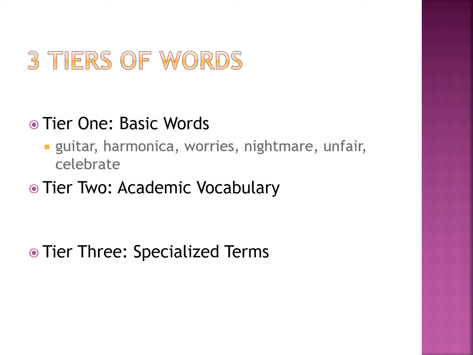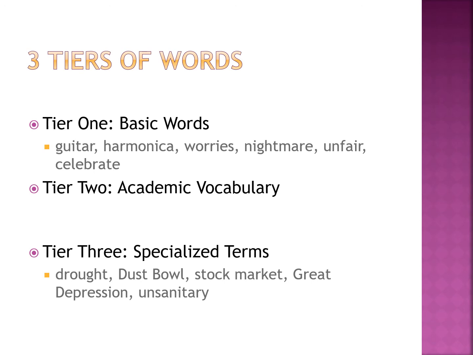Some examples of Tier 1 words would be guitar, harmonica, worries, nightmare, unfair, celebrate. These are just common words that you might hear in everyday conversation. Some Tier 3 words would be like drought, dust bowl, stock market, the Great Depression, unsanitary.